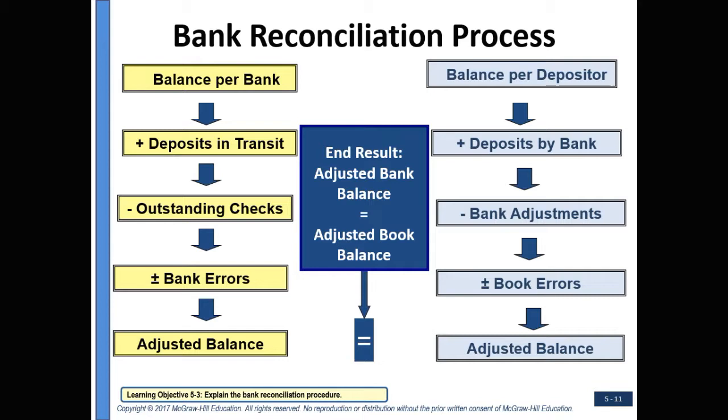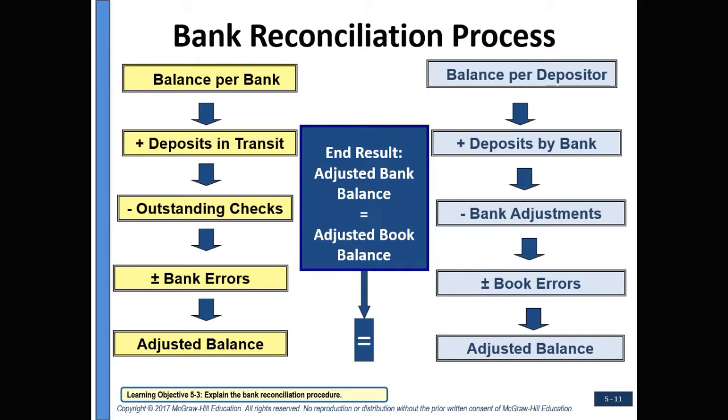A bank reconciliation calculates an adjusted balance for both the bank statement and the company's cash account. The reconciliation begins with the balance per the bank statement as of the date of the statement, then adds the deposits in transit. These are deposits that are recorded in the company's cash account but weren't received by the bank as of the statement date.